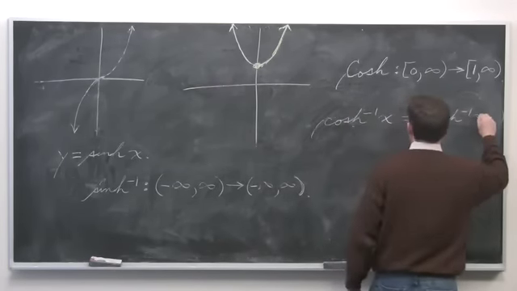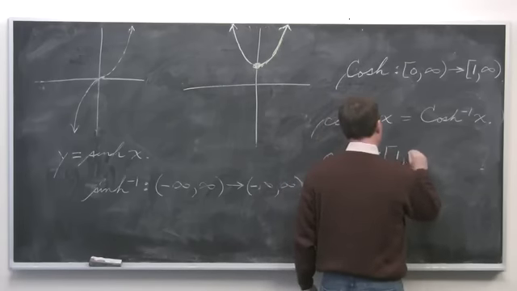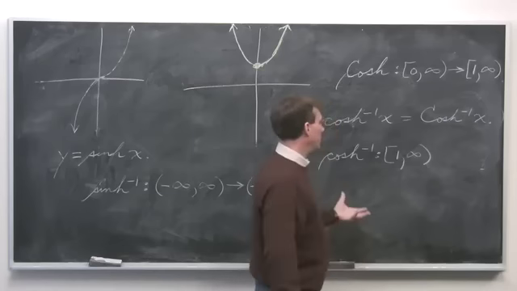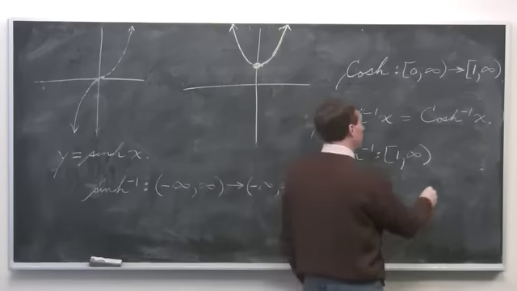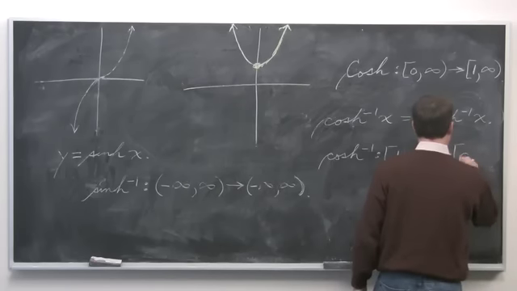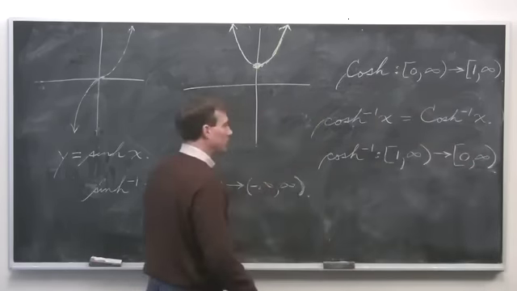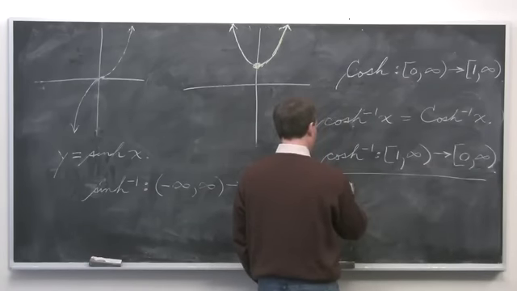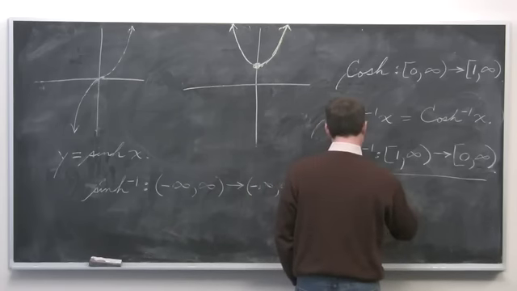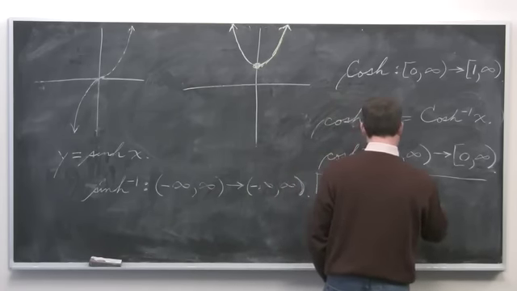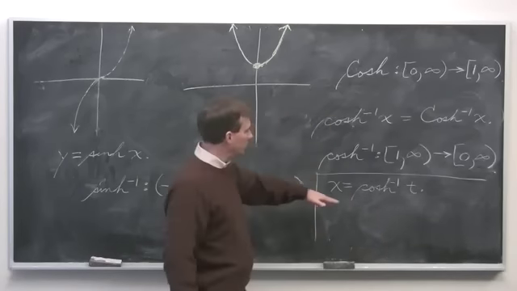And so the point of this is that the inverse function goes from here to here, so its domain is all real numbers from 1 to infinity, and its codomain and its range are the numbers from 0 to infinity. So what does this mean in practice? What does it mean to say that x equals inverse hyperbolic cosine of t?